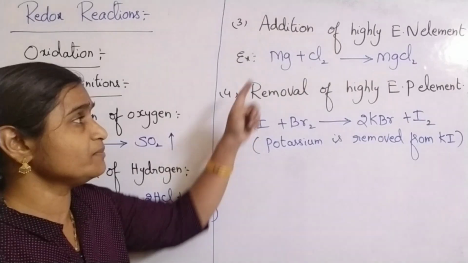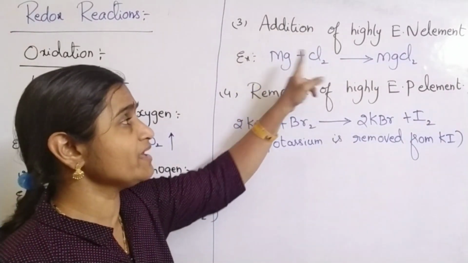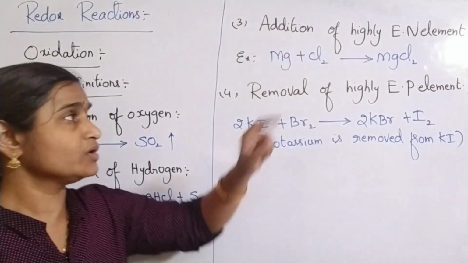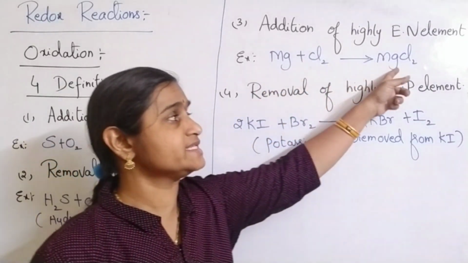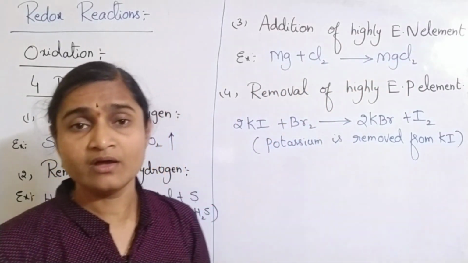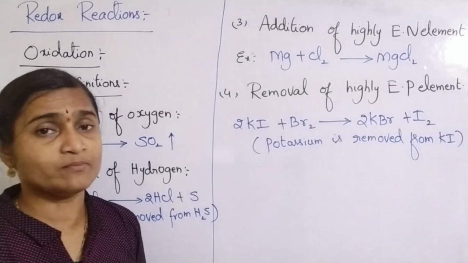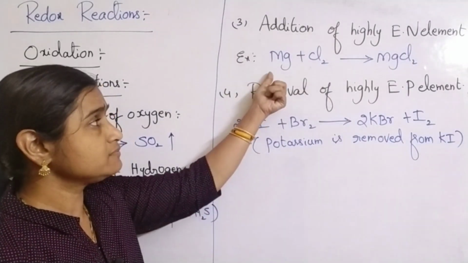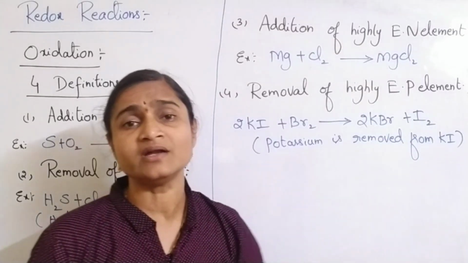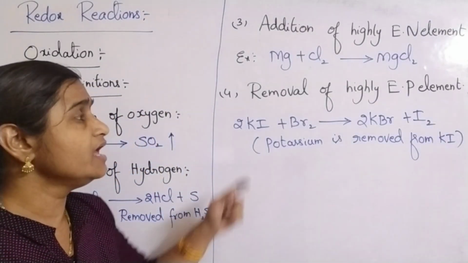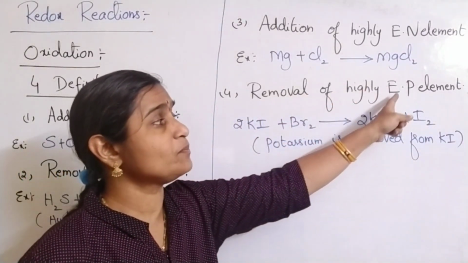So here magnesium is there, to which chlorine is added. Chlorine is a highly electronegative element, and it forms MgCl2. It forms an ionic bond, which you have all learnt about. So addition of a highly electronegative element is also termed oxidation reaction.